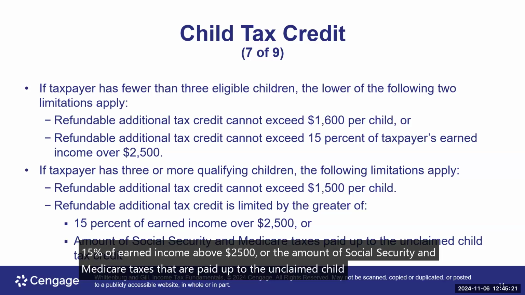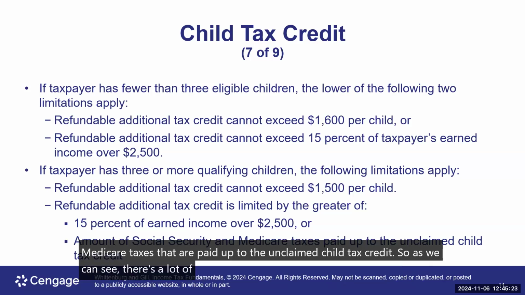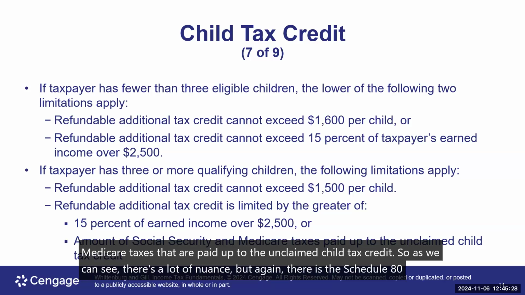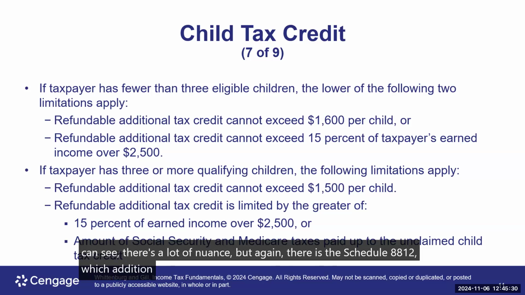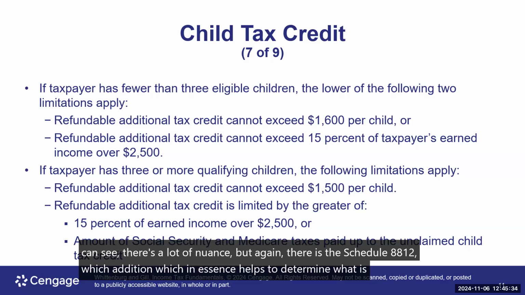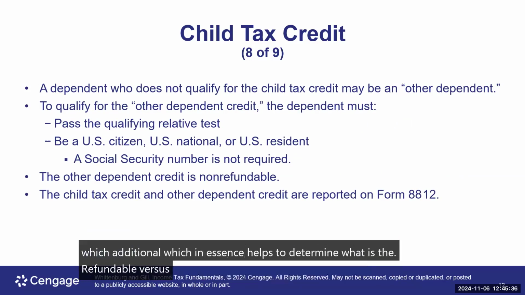So as we can see, there's a lot of nuance, but again, there is the Schedule 8812, which in essence helps to determine what is the refundable versus non-refundable portion.